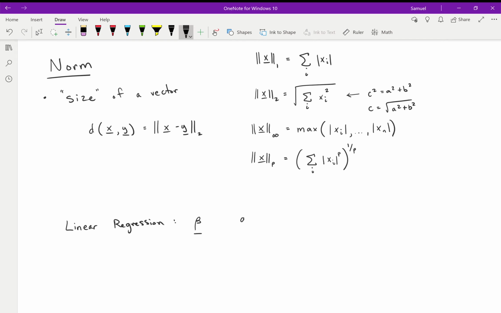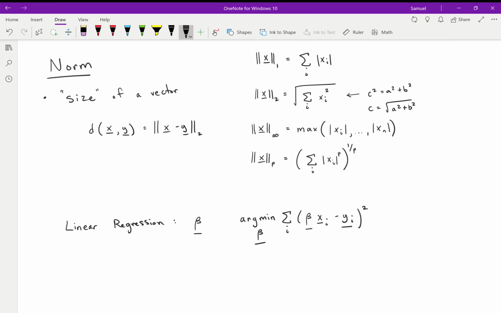The one that we want to pick is going to occur from this decision rule here, where we have this vector beta, and then squared. So this is what we've talked about in class.